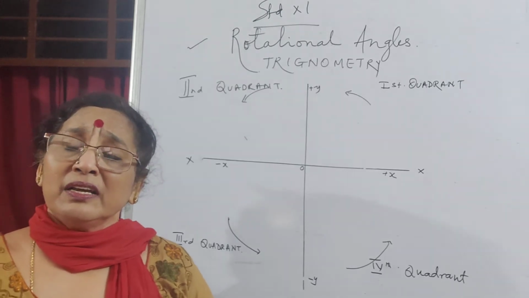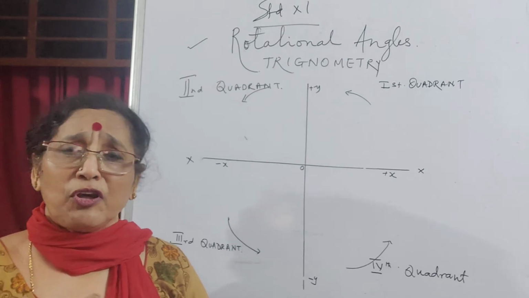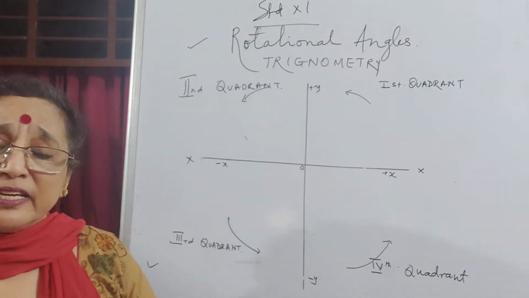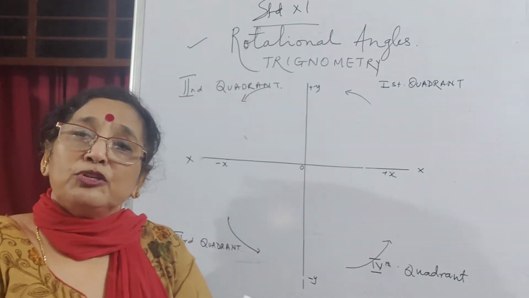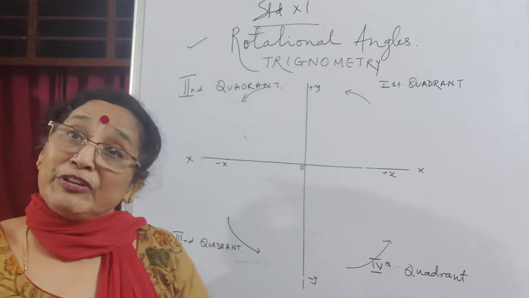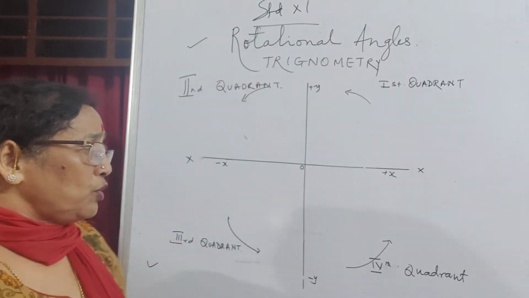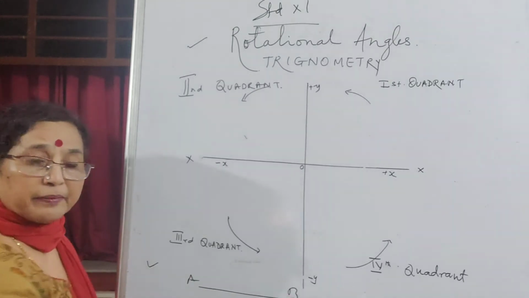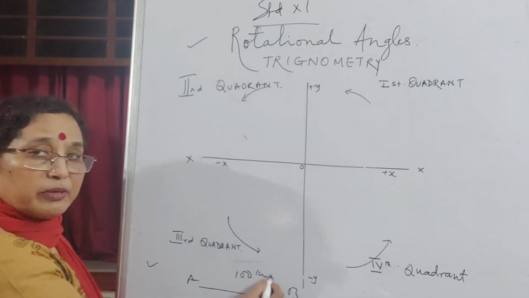Before we start, the meaning of sine of an acute angle, sine of an obtuse angle, tan of a reflex angle, tan of an angle which exceeds 360 degrees: how do we break it up to a smaller angle which means the same? For example, children, you are moving from a station A to B. The distance is 100 kilometers.